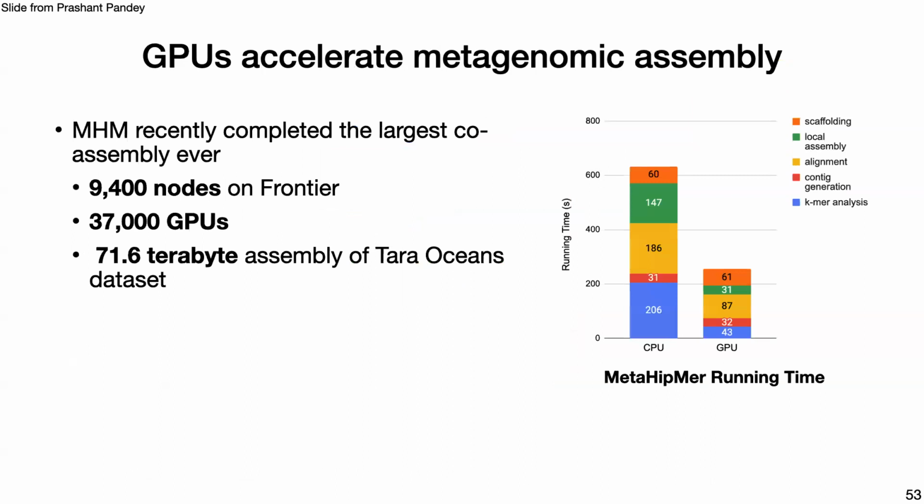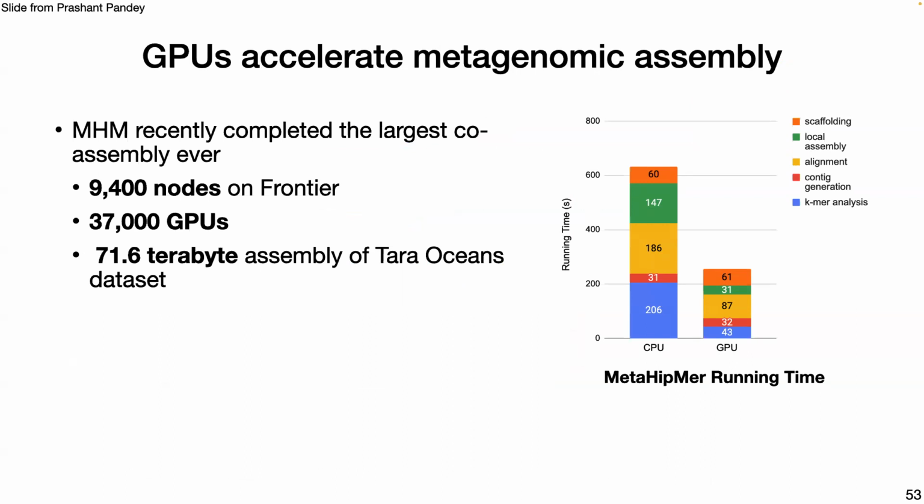And recently, they used MetaHipMer to do the largest assembly ever on almost 10,000 nodes on Frontier, which is a large supercomputer, using 37,000 GPUs on this 71.6 terabyte data set. So they're able to do this on huge data sets. And this is the breakdown of the running time.